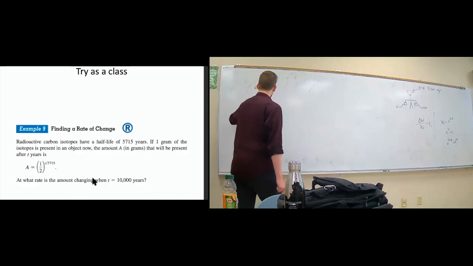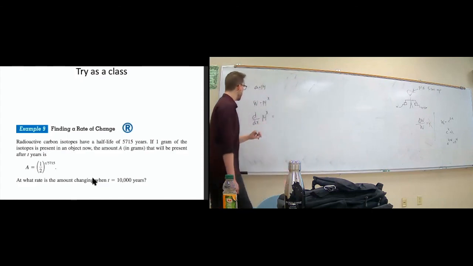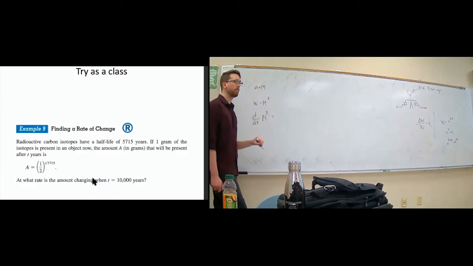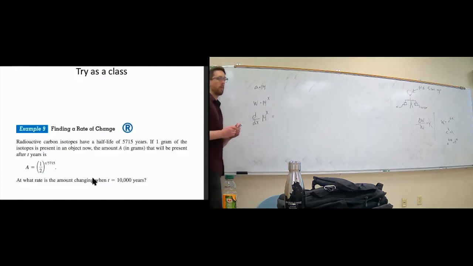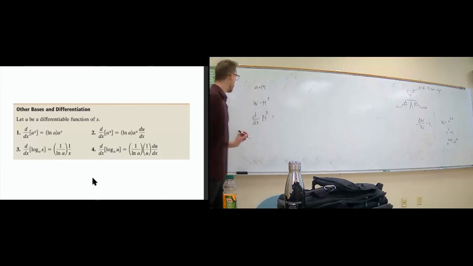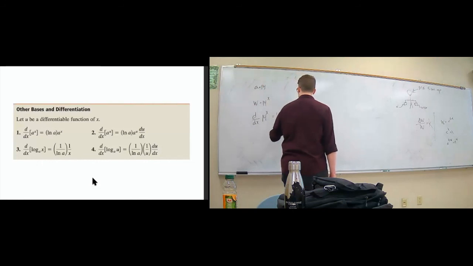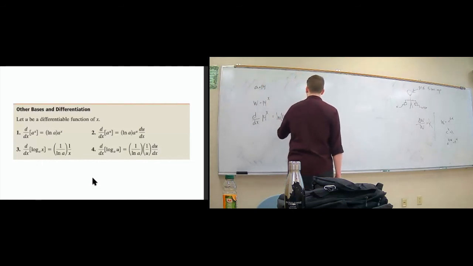Then the derivative of this would be equal to what? We've got to go back to these rules, right? It's going to be equal to the ln of 14 times 14 to the x.